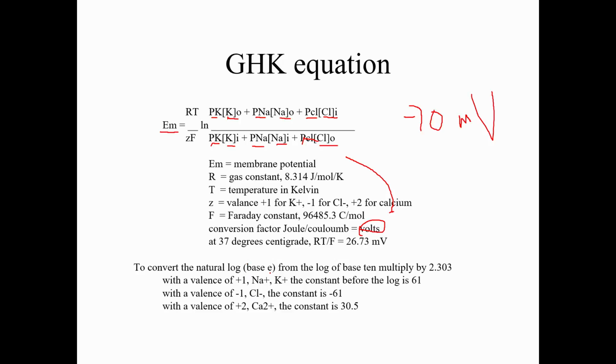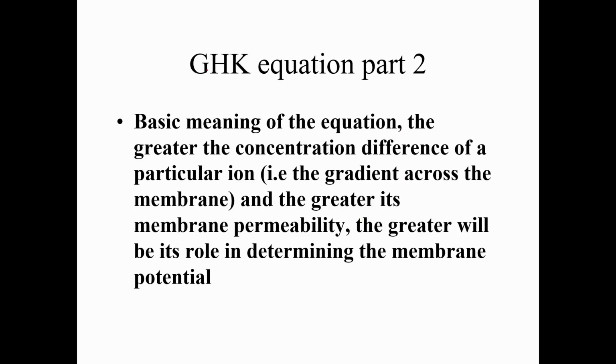And if we put all this in, then for sodium and potassium and chloride, this turns out to be 61. And we deal with the fact that chloride has a different valence by putting chloride on the top. I'll talk about this more in class if you have concerns about this. But this just tells you how you come up with a particular number.